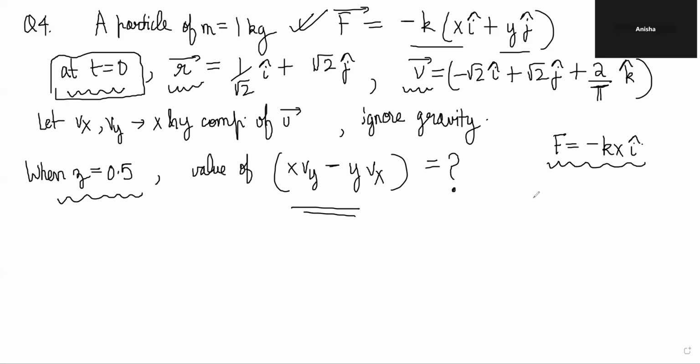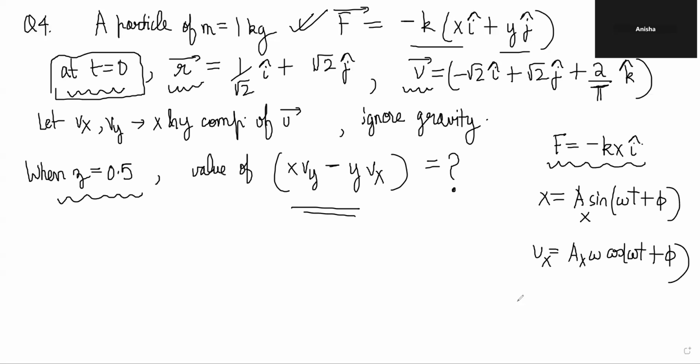Because F is -kx, x will be Ax sin(ωt + φ). And if x is this, Vx would be Ax ω cos(ωt + φ).